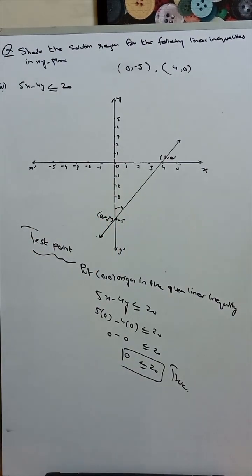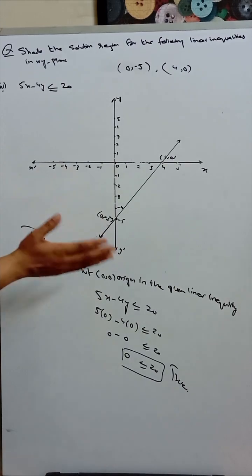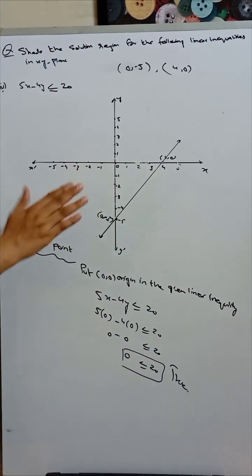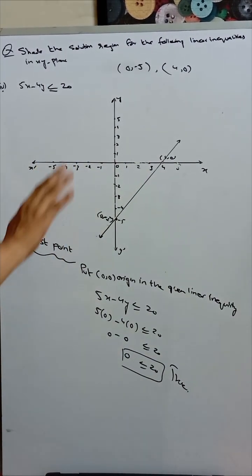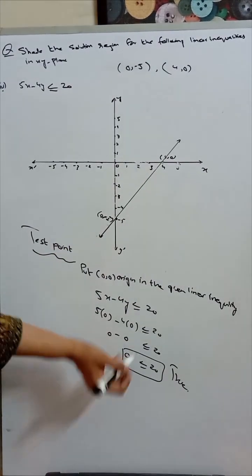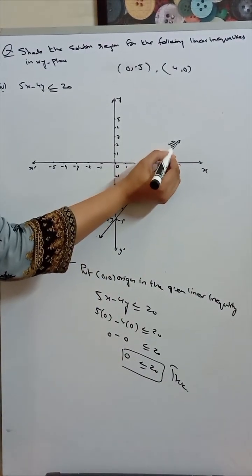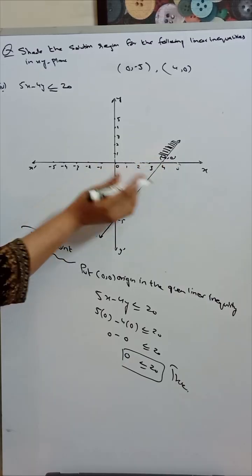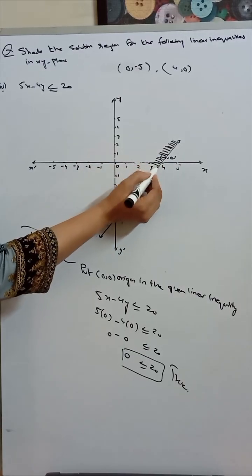Clear? Now wait. Now is this true or false? Yes, it is true. Whenever it is true, the shaded area will be towards the origin. And when it is false, the shaded area will be away from the origin. So since it is true, we will shade the area towards the origin, inside.